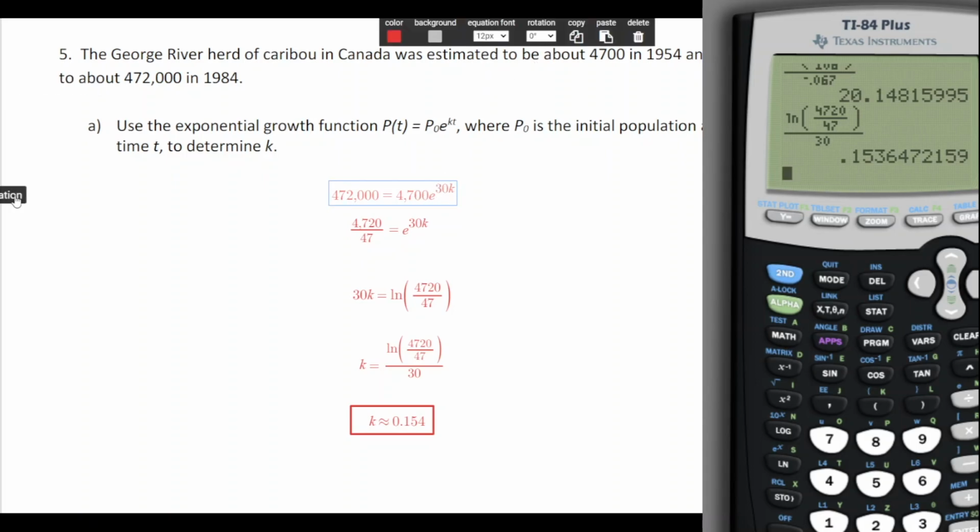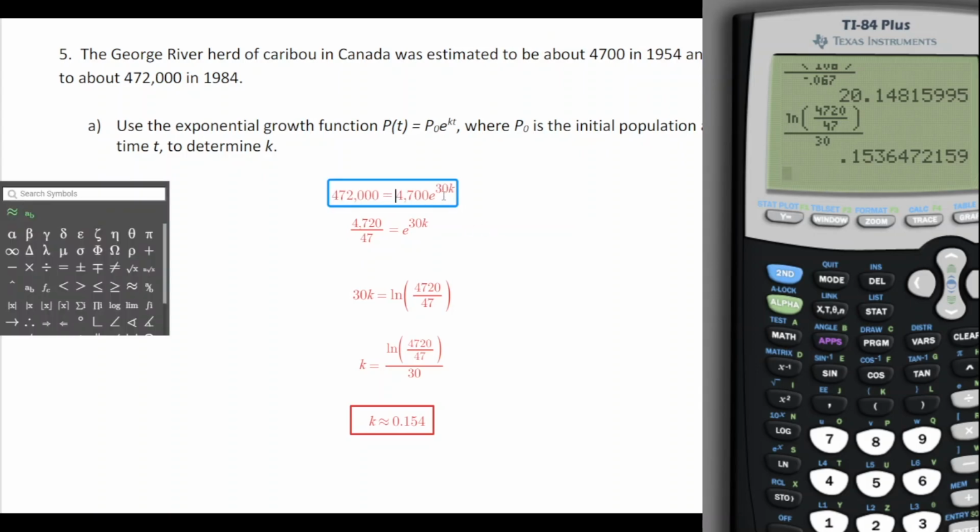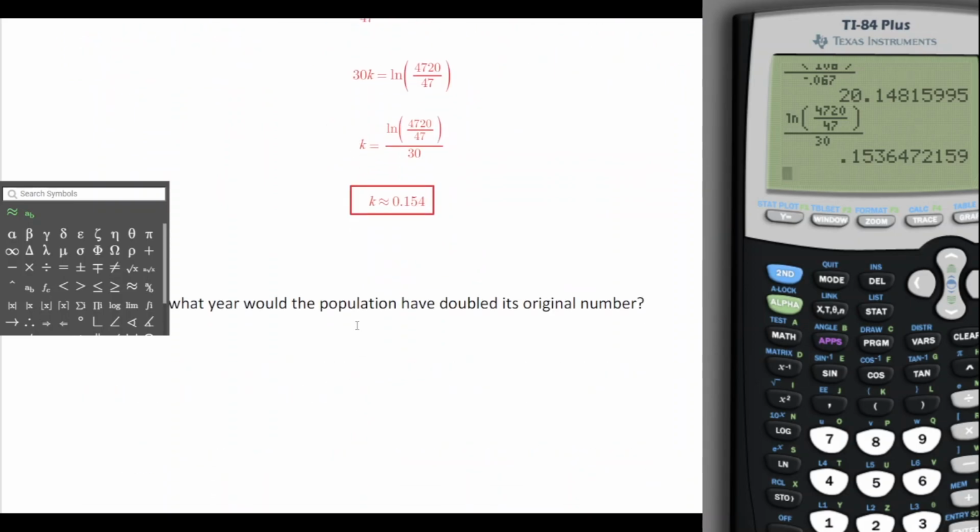It was at 4,700 on the initial year, and so twice that would be 9,400. And we don't know the time this time, but we do know the k now that we found it.